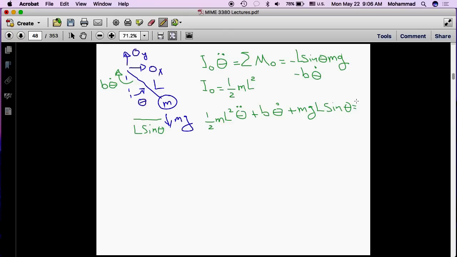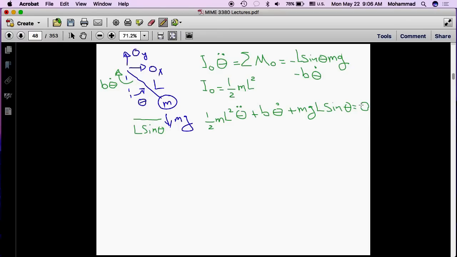But if we had an external moment applied about point O, that would end up being here. Should we? Let's not include it. Let's just put 0. So there's no external moment applied. The only moments are caused by motion of the mass.